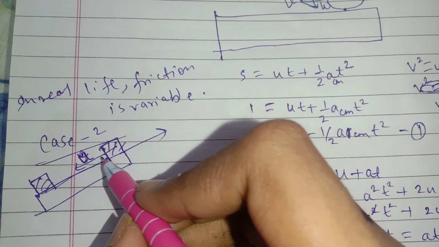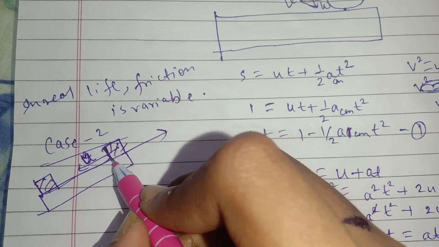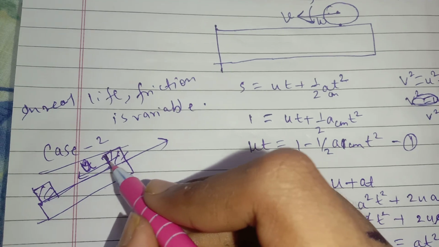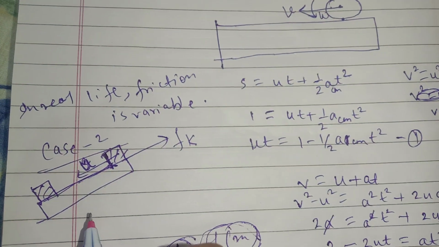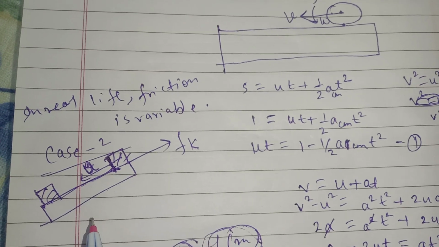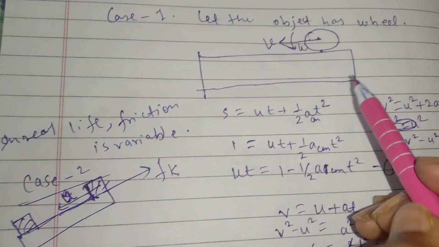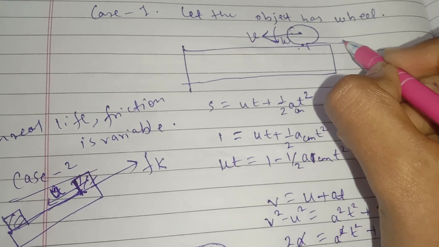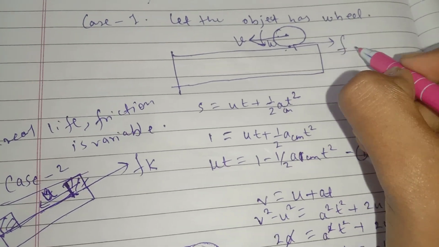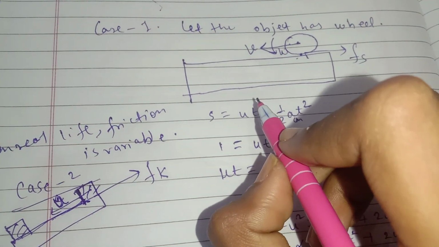That means if it moves, kinetic friction will apply. But in the earlier case it was in pure rolling condition, so there was static friction.